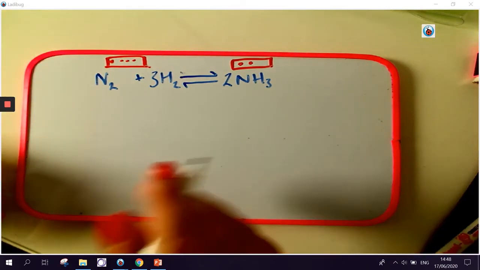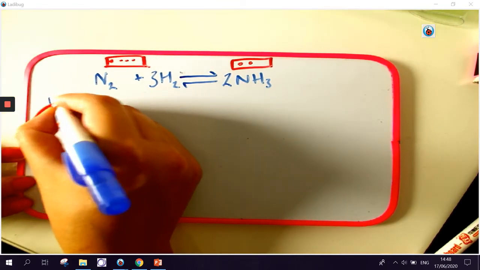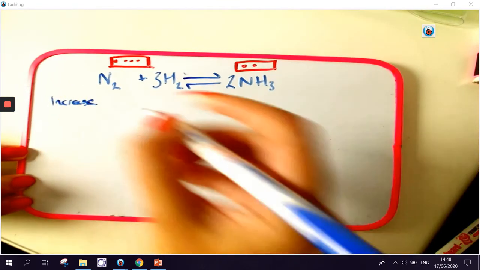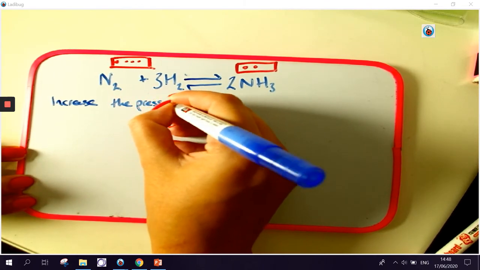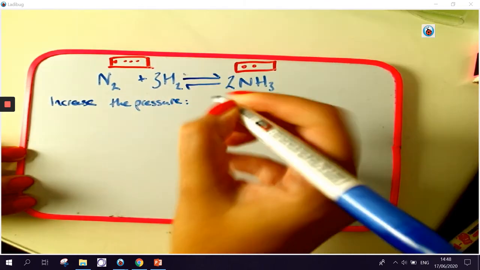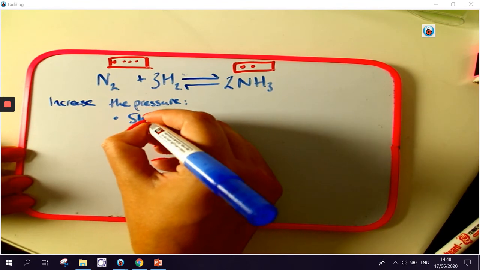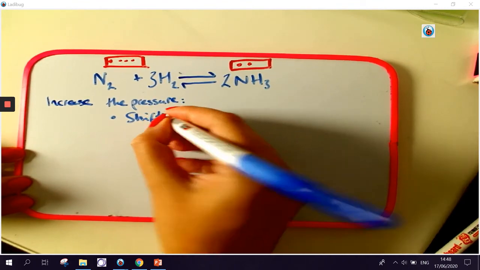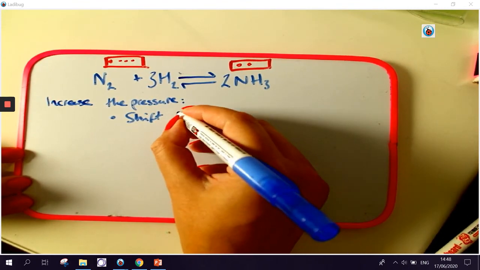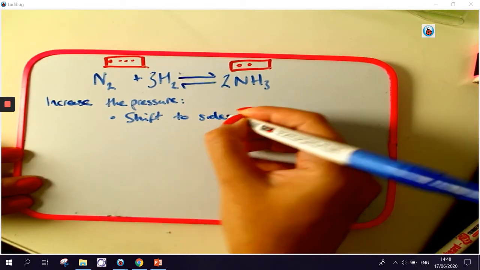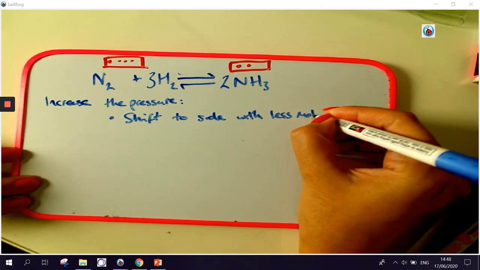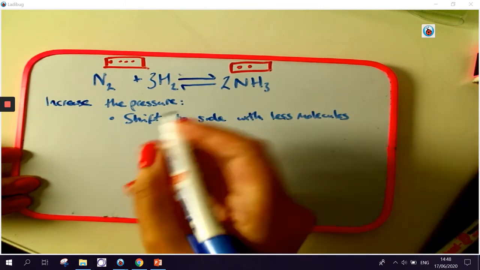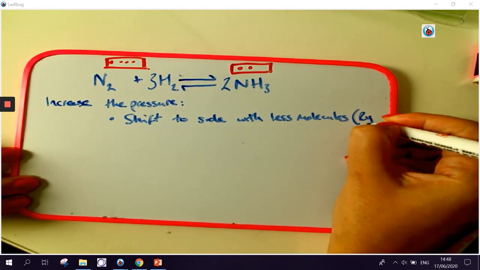So let's have a look at how increasing the pressure will affect this reversible reaction. If I increase the pressure, it'll shift to the side with less molecules, which in this case is to the right.